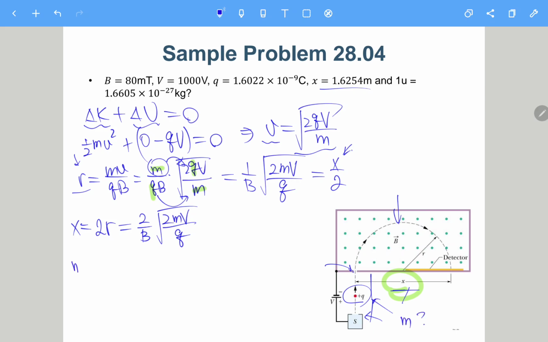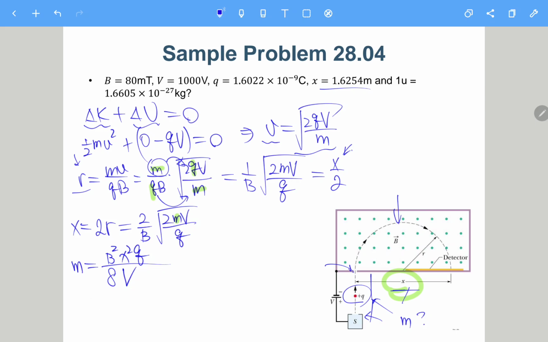So finally, we should have m to be B squared x squared q over 8V. Yeah, like this. We move all the things except m to the left side and then take the square on both sides. Then we will have this one. Okay, so we can just plug in all the values.